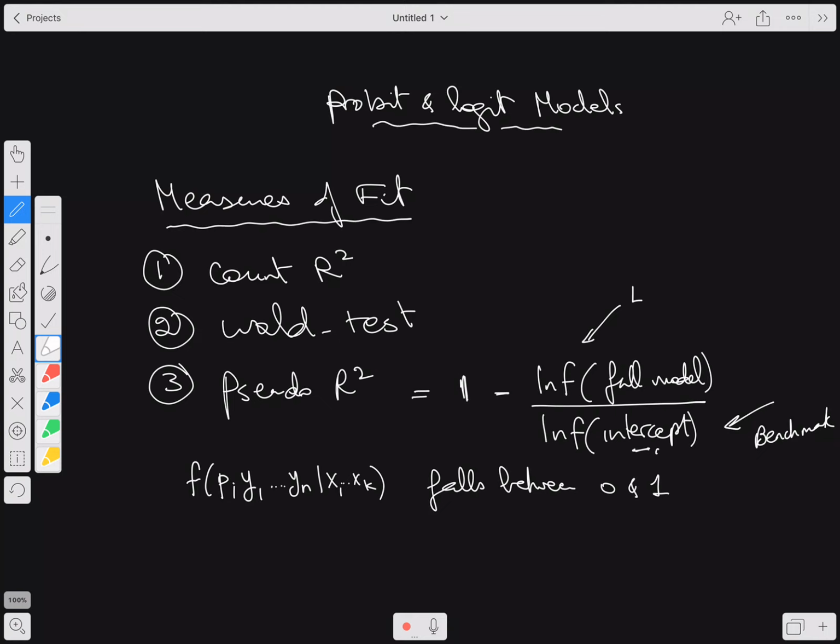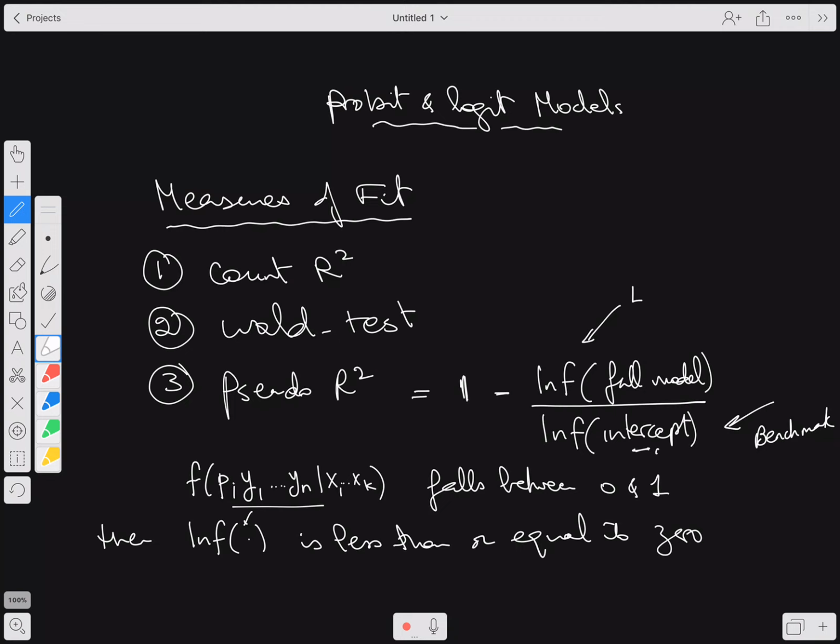So the log of the likelihood function, let me write a bracket dot, which is basically everything in here, is less than or equal to 0.